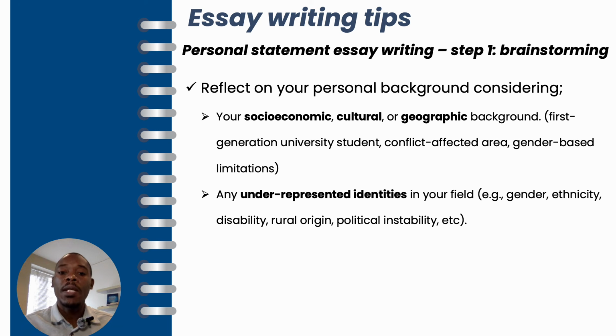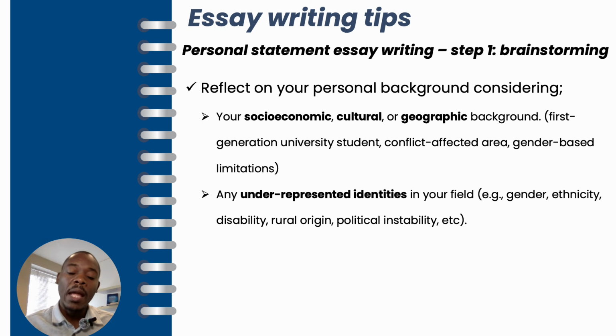Then you also consider any underrepresented identity in your field. Is it dominated by one gender, or is there an issue of ethnicity, or is it in the rural areas, or are there any political instabilities and your studies have been impacted based on these political instabilities?